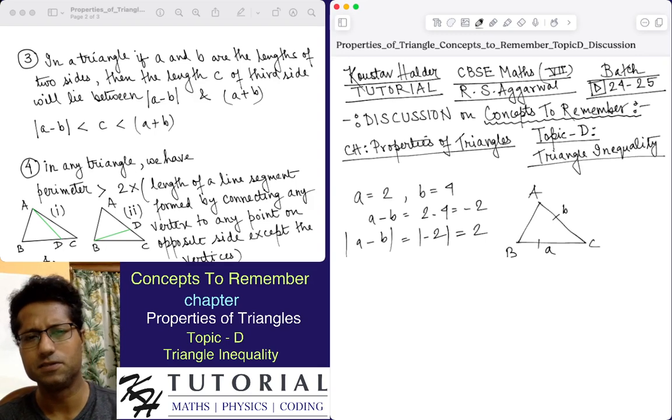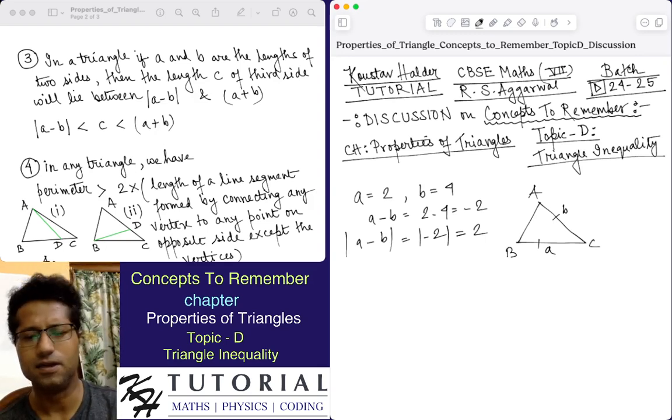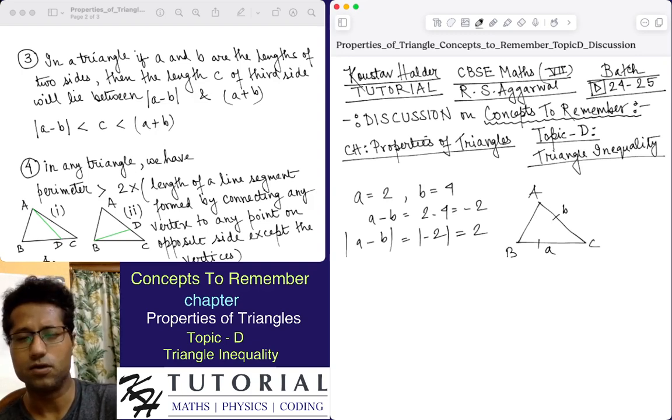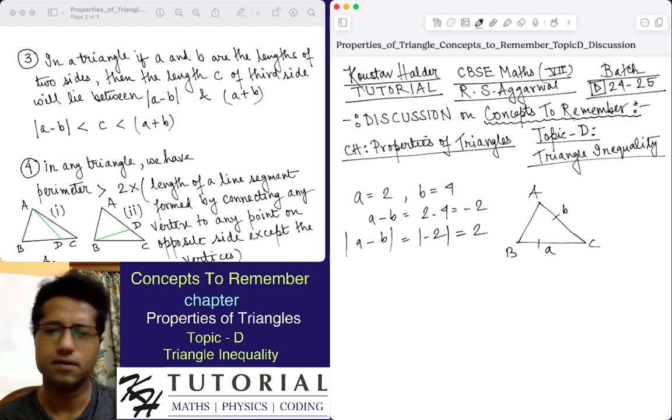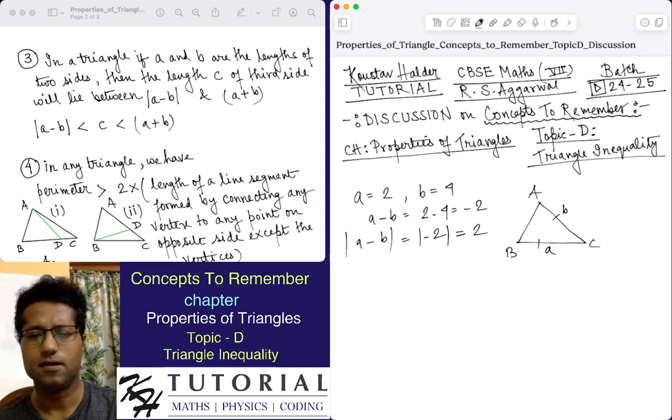A and B will be some positive numbers, and it will be said that these are the lengths of two sides of a triangle, and it will be asked what range of values the length of the third side can take.